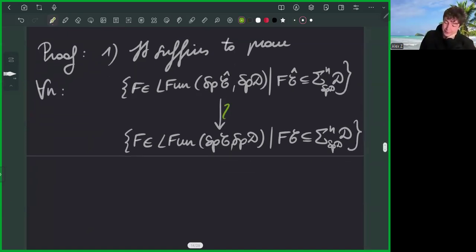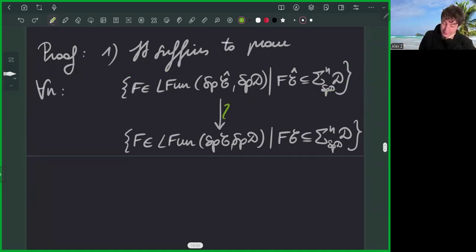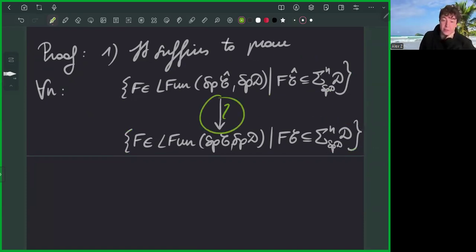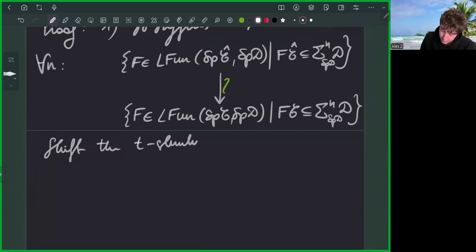If you take the union over all n, then you get everything, and same on this side. So if you can show that those sides are always equivalent as categories, you show that everything is an equivalence of categories. But now there's this neat trick, namely we shift the T structure on SPC.